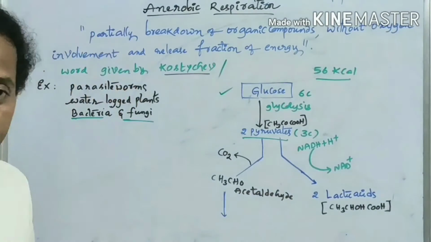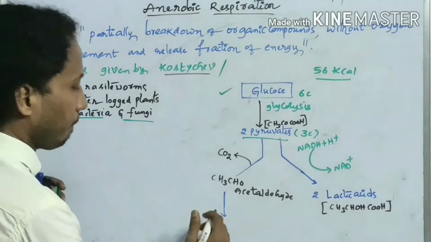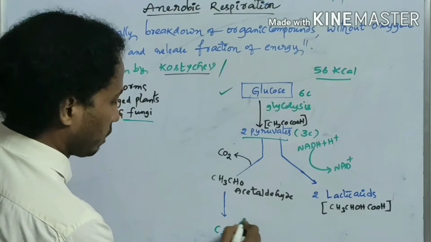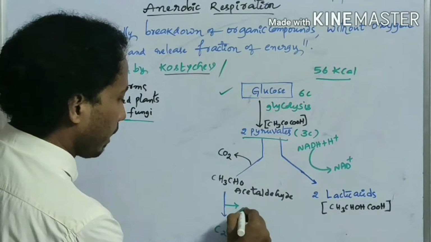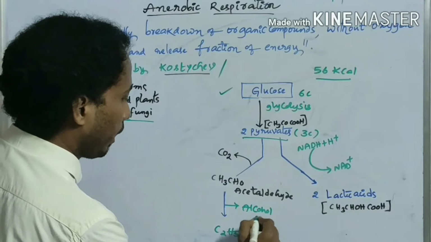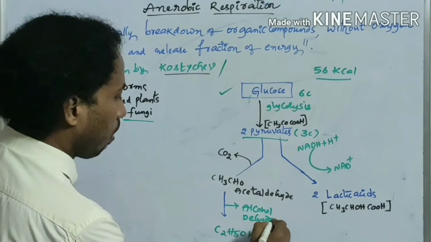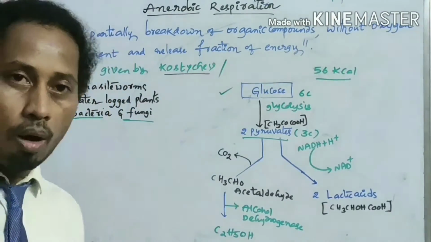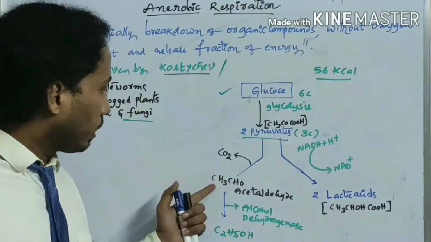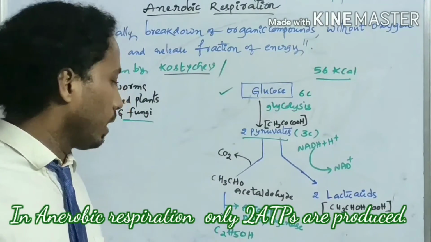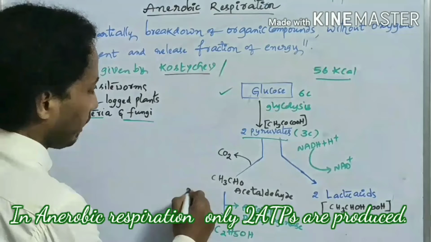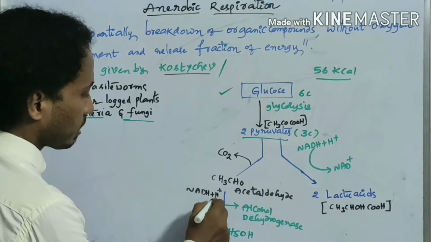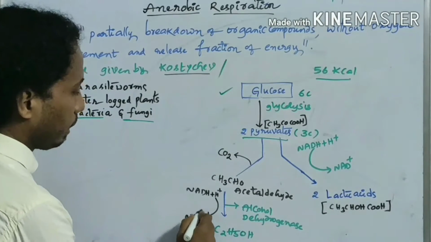And then this acetaldehyde will become ethyl alcohol, C2H5OH, in the presence of the enzyme alcohol dehydrogenase. Alcohol dehydrogenase is the enzyme involved in the conversion of acetaldehyde to alcohol. Here NADH plus H plus will become NAD plus.